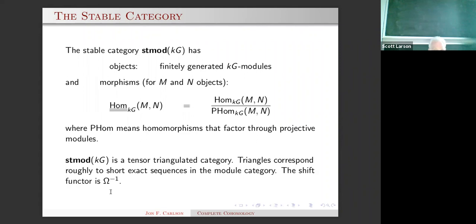But one of the important things here is that the shift functor in this triangulated category is in fact this functor omega inverse, omega minus 1. Omega and omega minus 1 are not really functors on the module category, but on the stable category they are functors in this particular case.